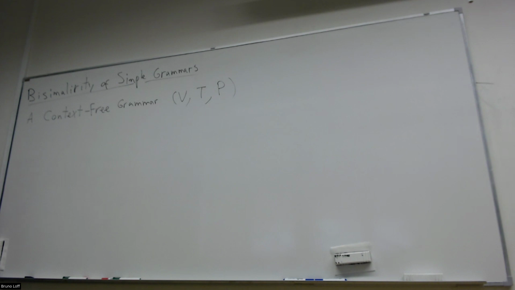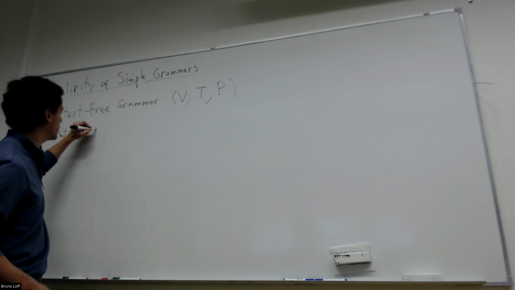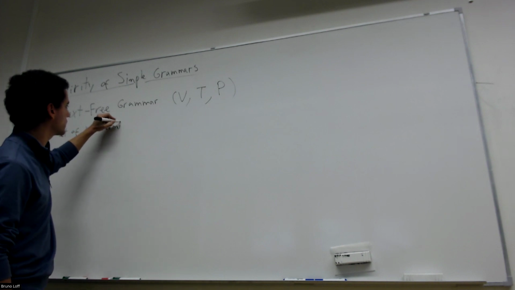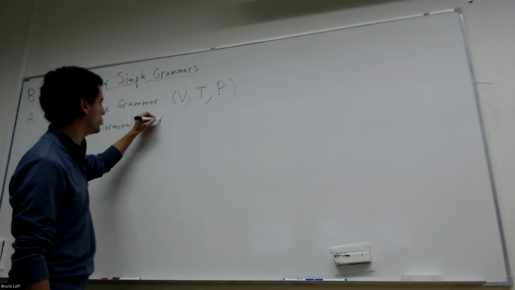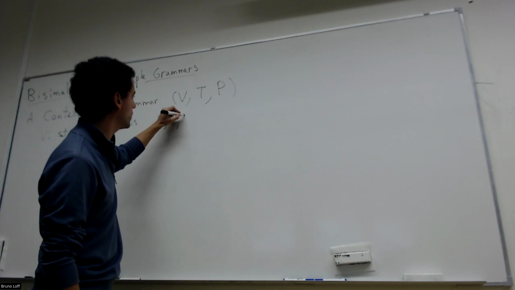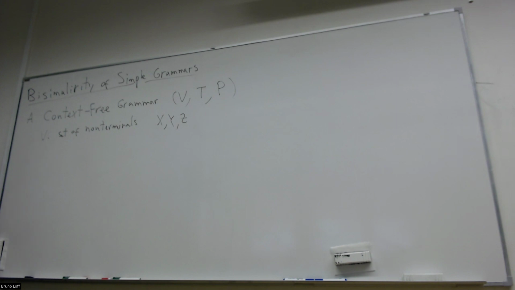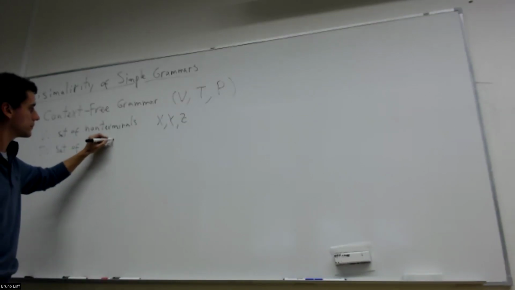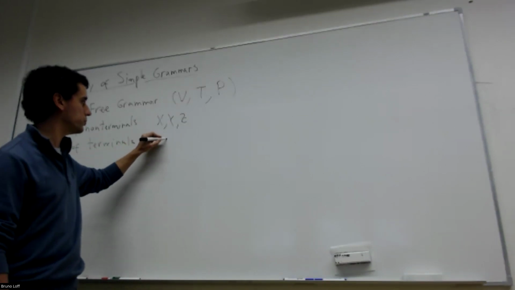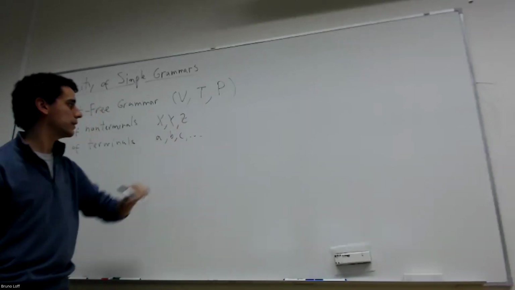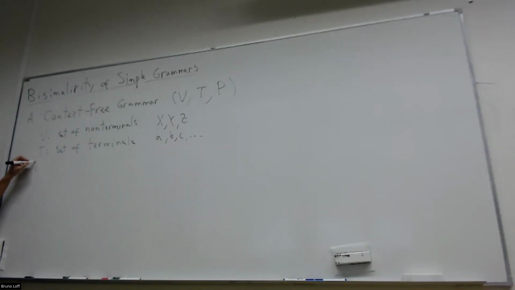So we need to tell what the non-terminals, what the terminals, and what the productions are. So V is just a set of non-terminals, which I will represent by capital letters X, Y, Z, etc. T is a set of terminals, which I'm going to represent by A, B, C, lowercase, and then you have these productions.